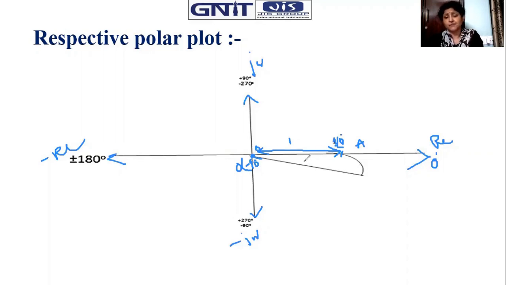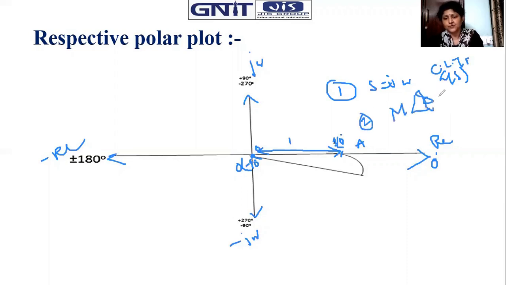It is a very simple manner. First, put s equals j omega in G(s)H(s), the closed loop transfer function. Second, obtain the magnitude and phase form of that transfer function, which is nothing but a phasor. Third, make a table of omega and magnitude versus phase.